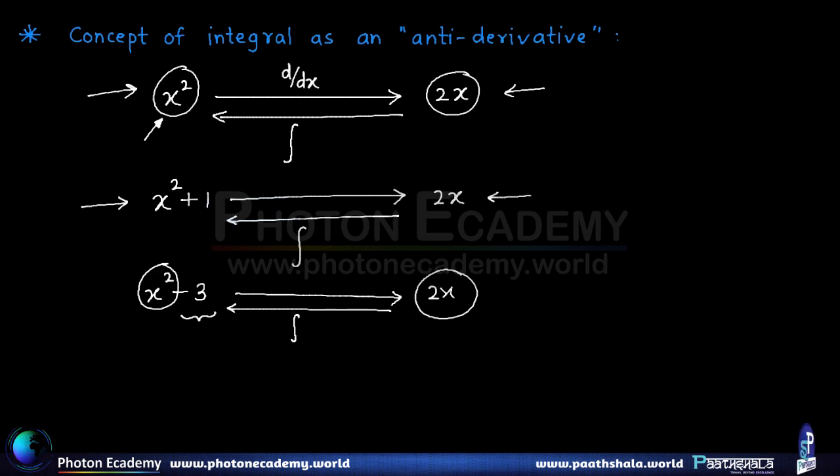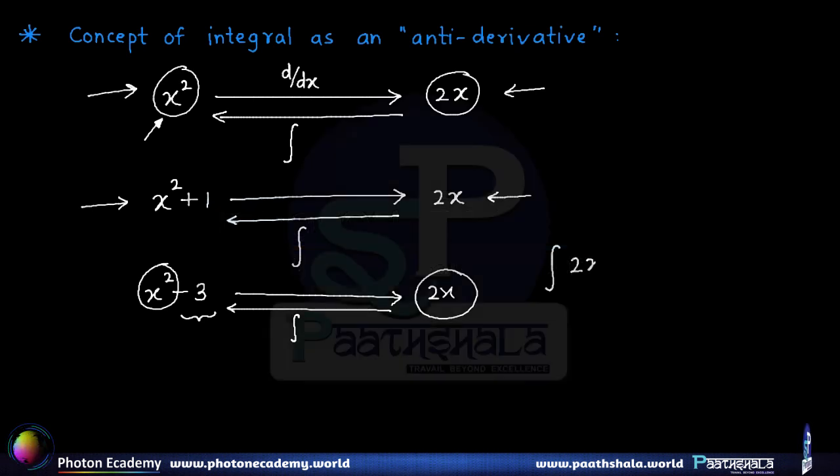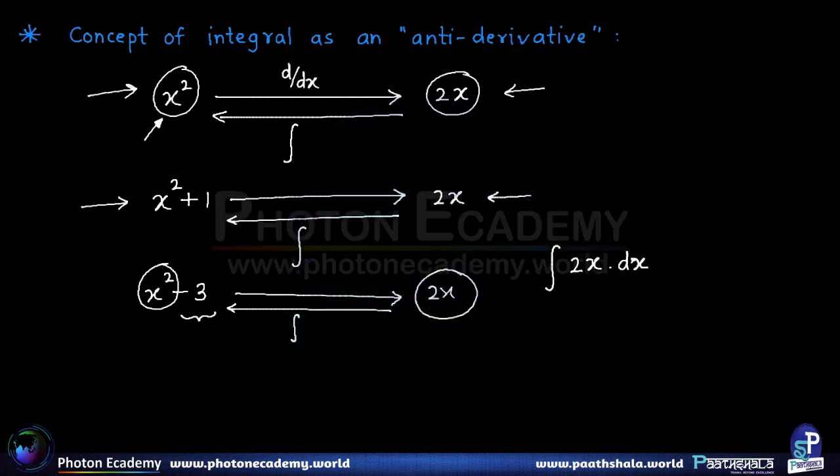So we write this particular fact of integration as follows. We write it as the integral of the function 2x with respect to x. This expression dx indicates that we are integrating with respect to x. It is very similar to differentiating with respect to x.